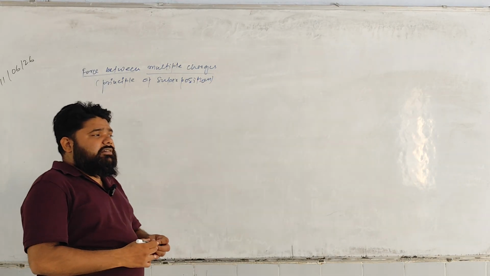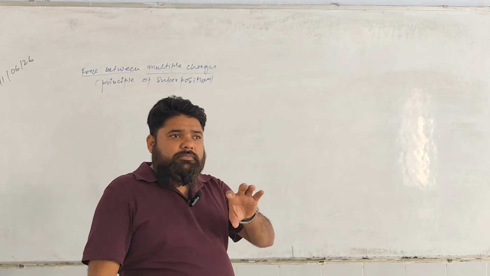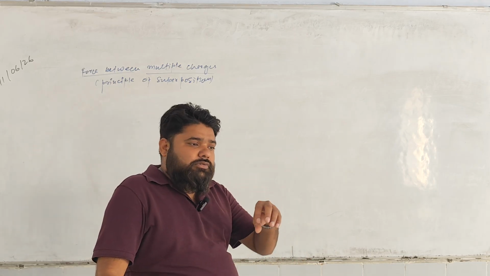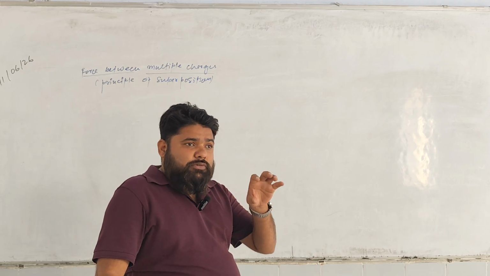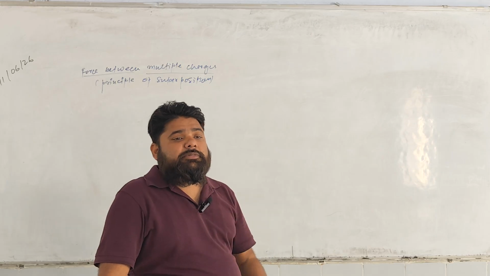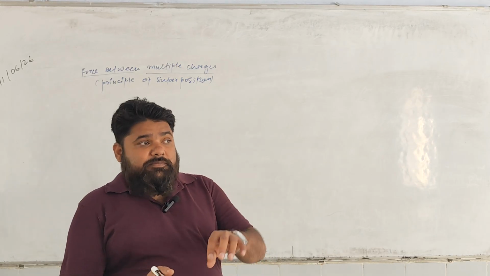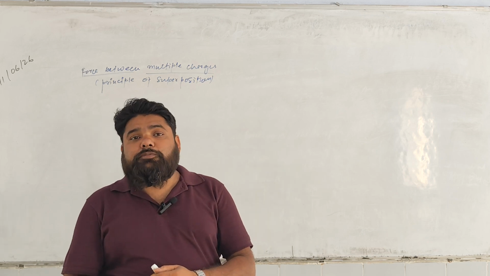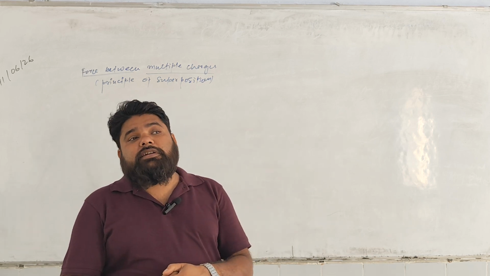We know that when we talk about the force between two charges, these two charges may attract each other or may repel each other. Whether it is a force of attraction or a force of repulsion, there must be a direction of the force. If the charges repel, what will be the direction? If the charges attract, what will be the direction?